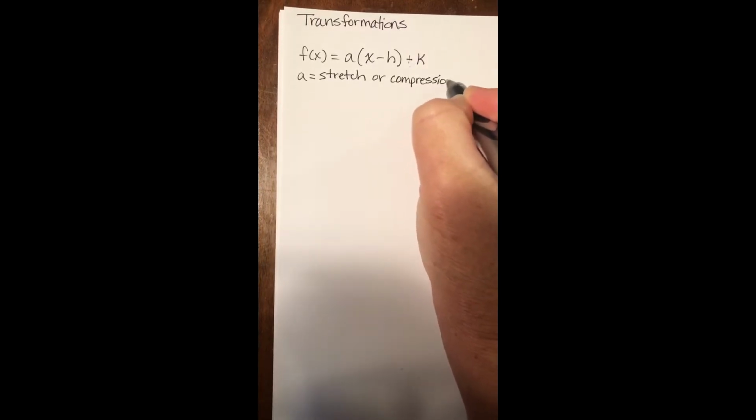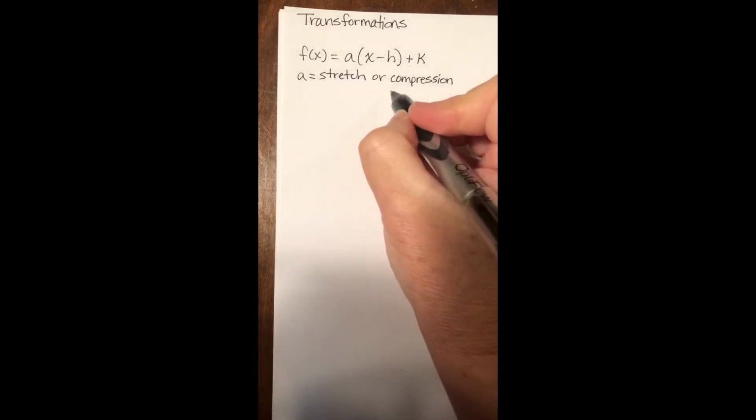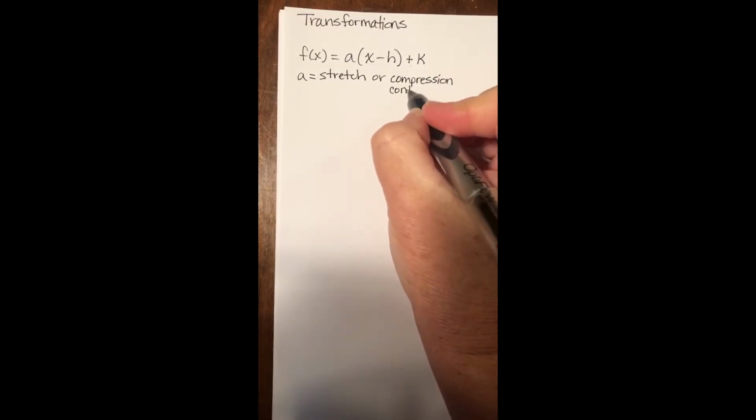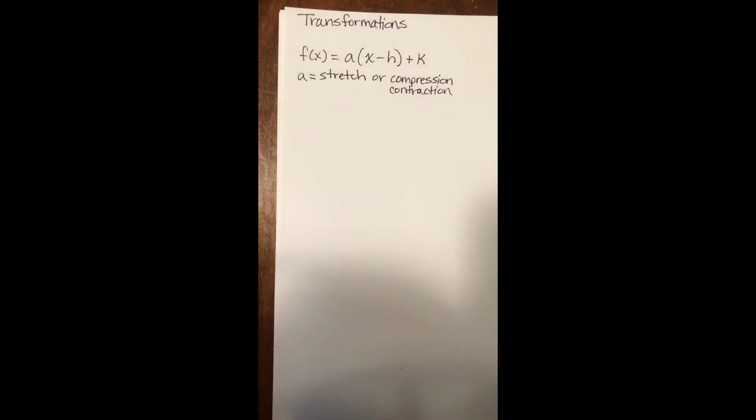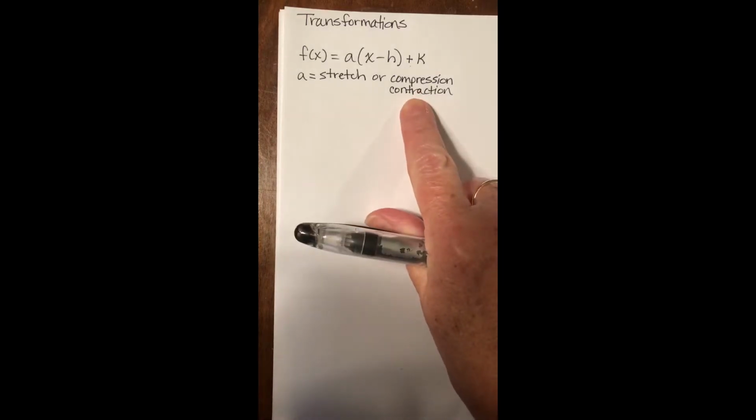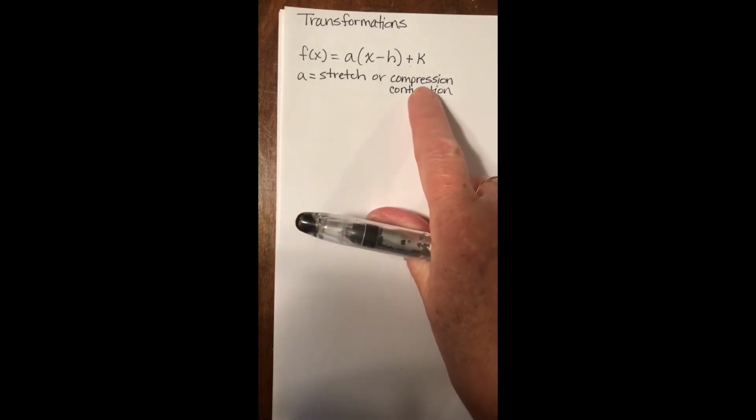Now, sometimes that compression is called a contraction. I've seen it written both ways. So either a compression or a contraction. I actually like to use the word contraction because it rhymes with the word fraction. And that's what it is. If a is a fraction, then the graph is being contracted, or the function is being contracted or compressed.